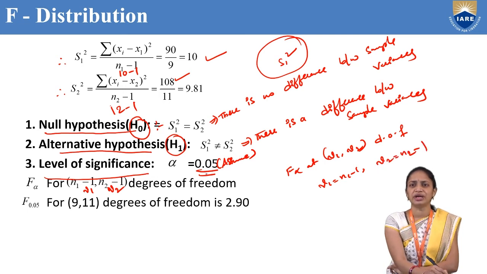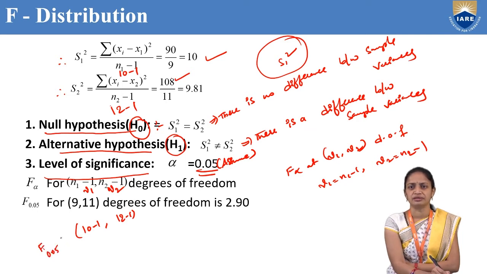So nu1 equal to n1 minus 1. So what is the value of n1? n1 is 10. Okay, 10 minus 1 comma n2 value is 12, 12 minus 1. So the F alpha value is 0.05.